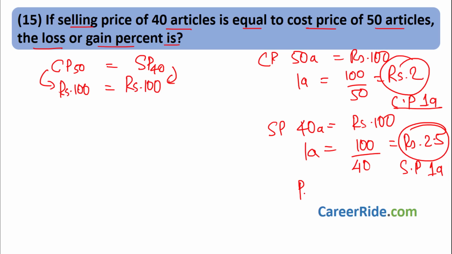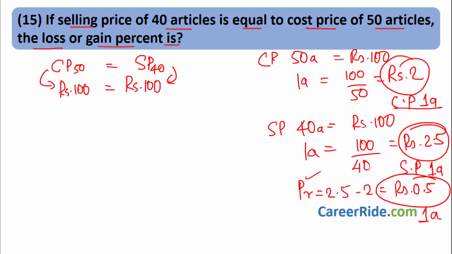What is the profit for each article? Selling price 2.5 minus the cost price, so rupees 0.5 is the profit for one article. Since the selling price is more, we have profit. So we took out profit. Had the selling price been less, we would have taken out loss. Now profit is rupees 0.5 per article.